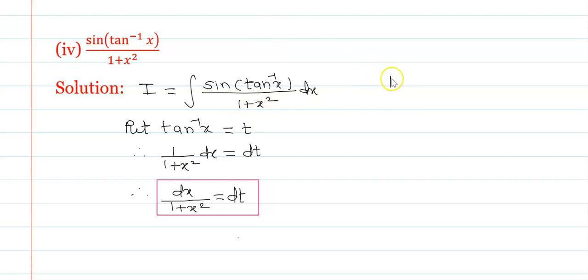Our integral I is equals to, we will change sine of tan inverse of x, which means here sine of t. And what is the value of dx upon 1 plus x square? It is dt, and hence this is the dt.